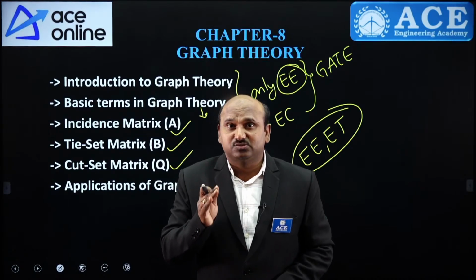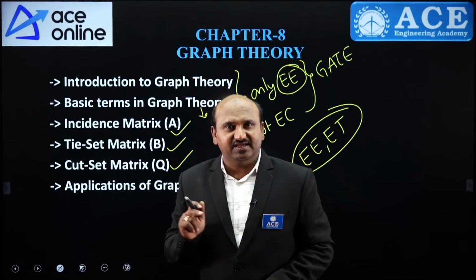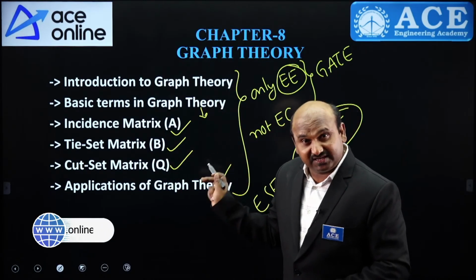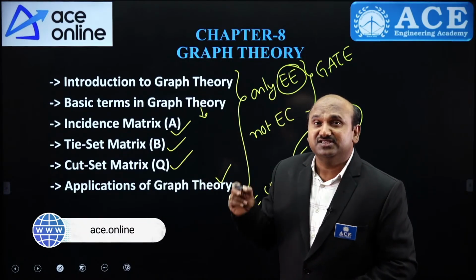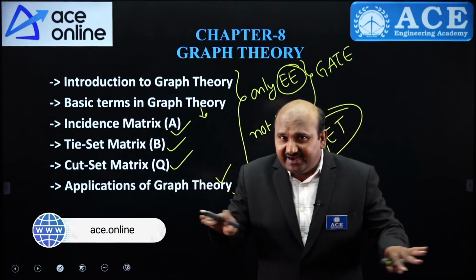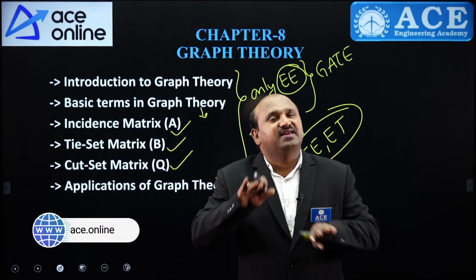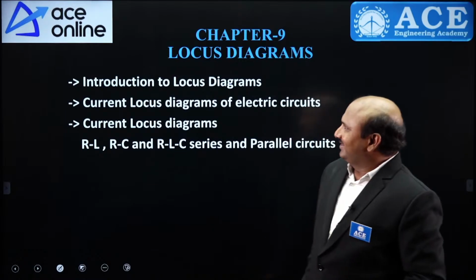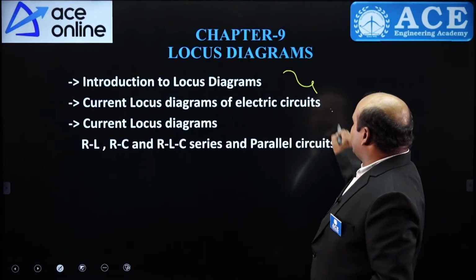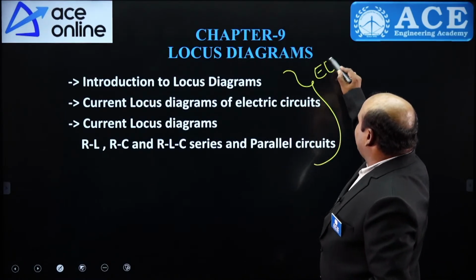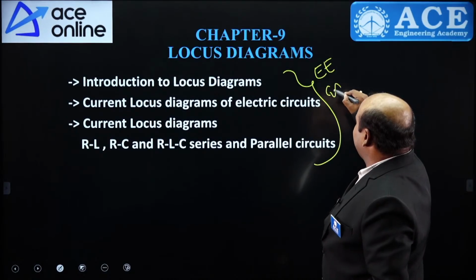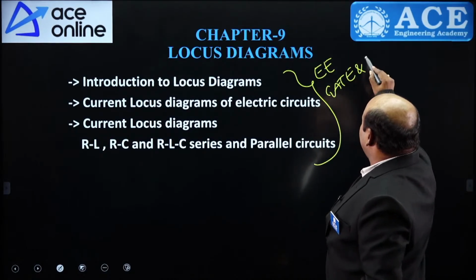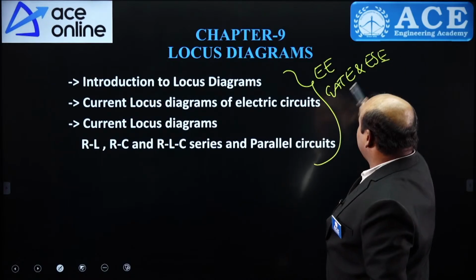For ESC, EC students, definitely you will have a question under graph theory, under ESC, Engineering Service Examination. For GATE, there is no graph theory for EC people. Remember that. And locus diagrams are only for GATE and ESC, Engineering Service Examination.